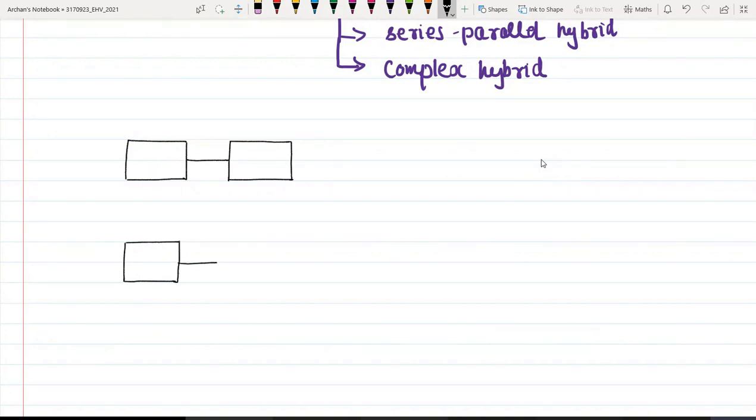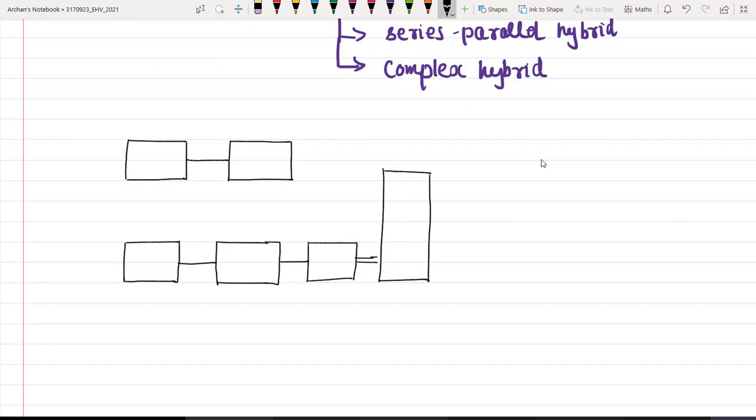Okay, so one powertrain must consist of an electric motor. Okay, so to control this electric motor, we will require one power converter over here, and this power converter is now connected to the electric machine or motor. Okay. And this electric motor is connected to the transmission.